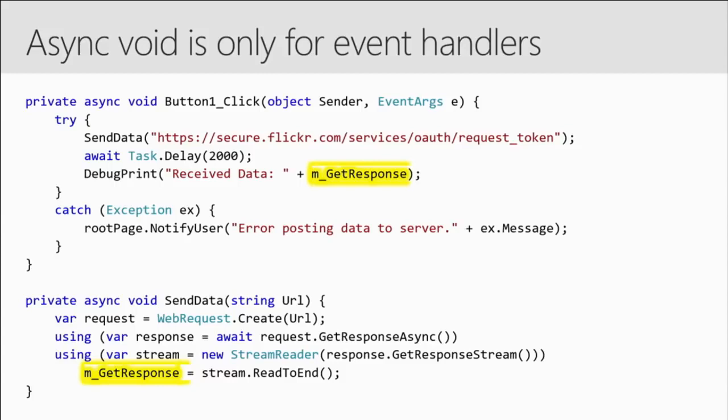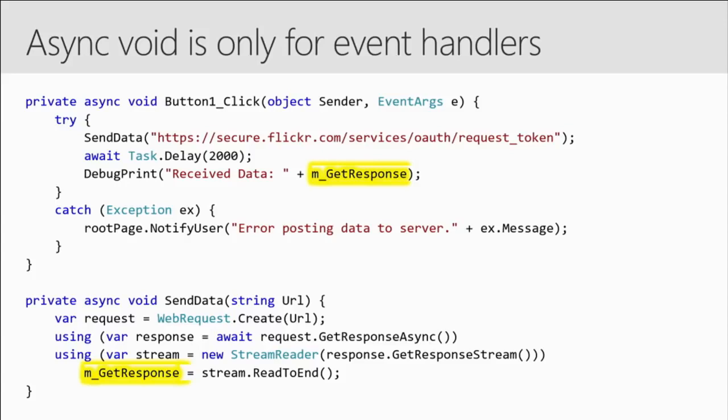Sometimes there's data in m_getResponse, and sometimes there isn't. The reason for that is fairly simple. We're awaiting a task delay. Well, the task delay time was probably thought up by a developer on their computer, and their computer is probably pretty fast. And it may be that the computer this is running on is not so fast.